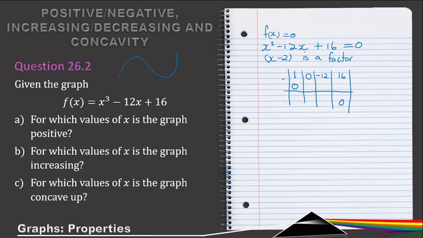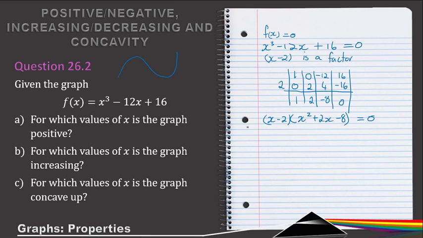And my root is going to be 2. So add down is 1, times up is 2. Add down is 2, times up is 4. Add down is -8, times 2 is -16. And then my new factors are x minus 2 and x squared plus 2x minus 8 equal to 0.